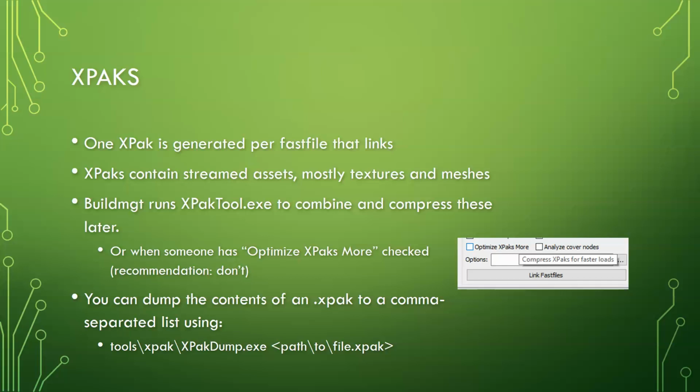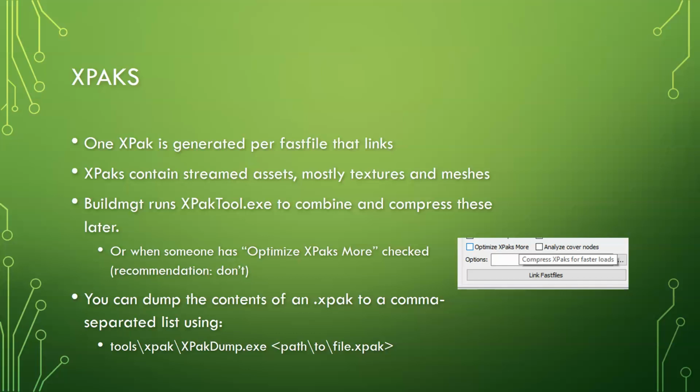The place where we put all those streamed assets, mostly meshes and image data, are .xpack files, which we also generate one per fast file that links. We've got our CoreGFX.ff, which comes from CoreGFX.zone, and also creates a CoreGFX CSV in the loc folder and the asset info folder, and then also generates CoreGFX.xpack.